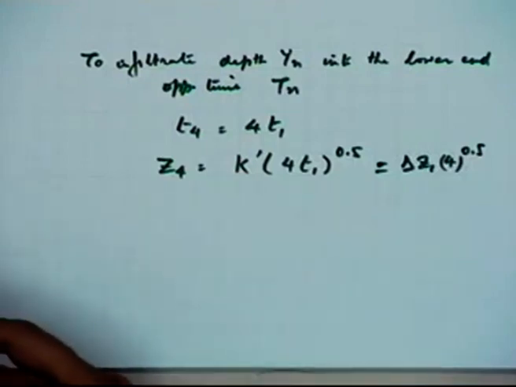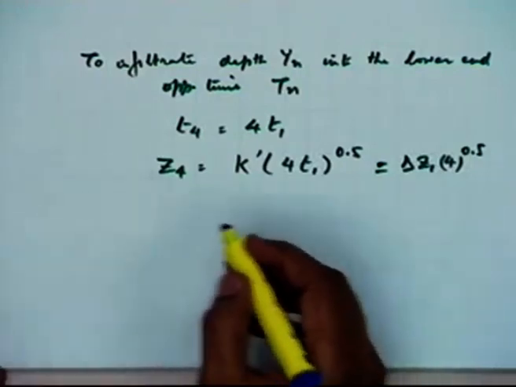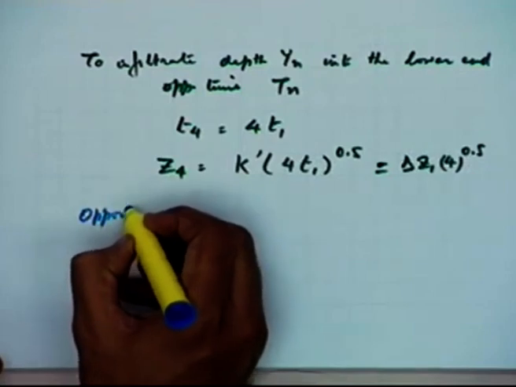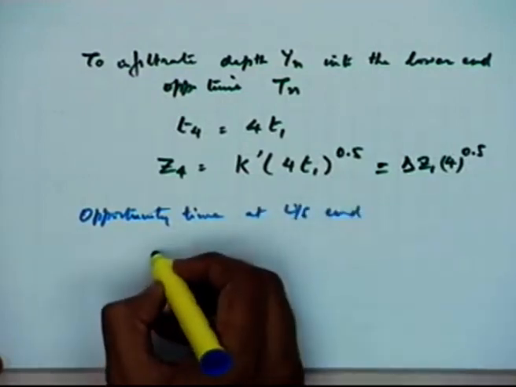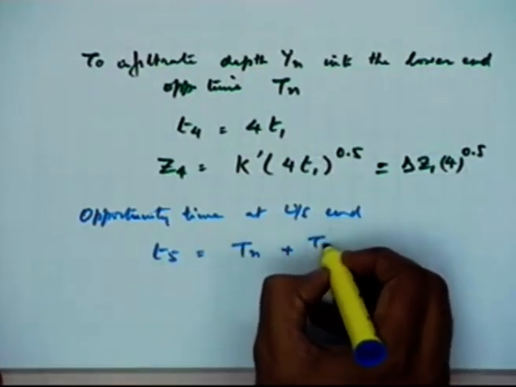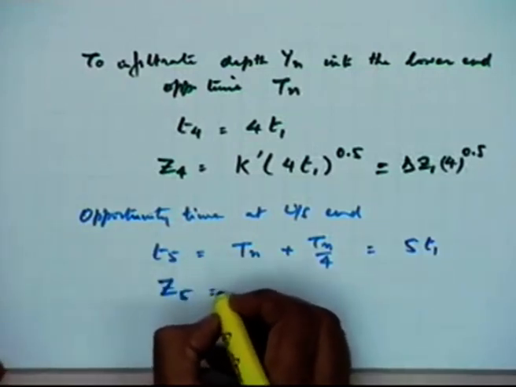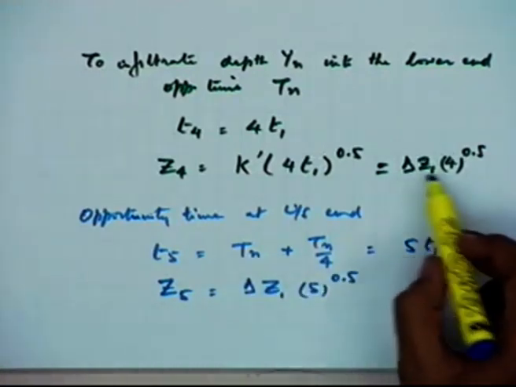So to achieve this, the infiltration opportunity in order to achieve this requirement, the opportunity time at the upstream end has to be T5, which is equal to Tn plus Tn by 4, or is also equal to 5 times T1, and the corresponding Z5 is delta Z1 into 5 to the power 0.5, as we have done here, the same thing.